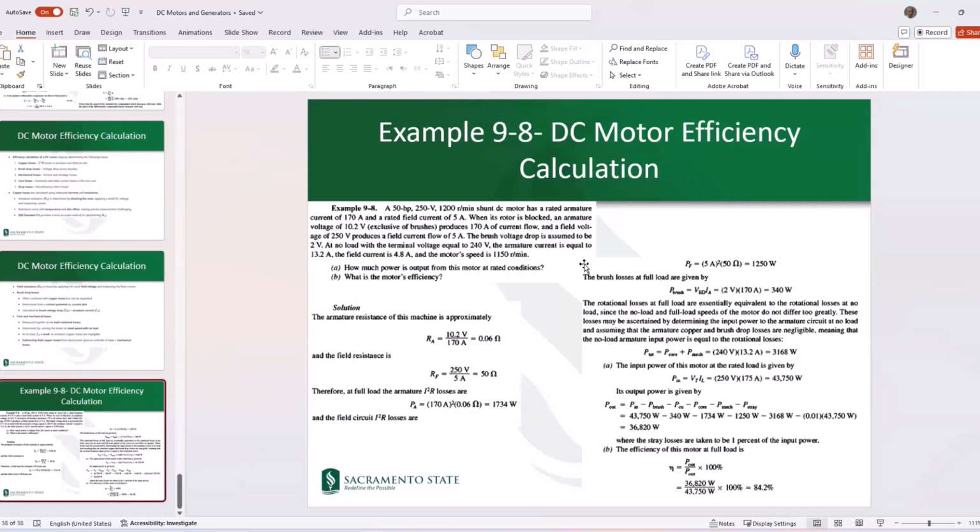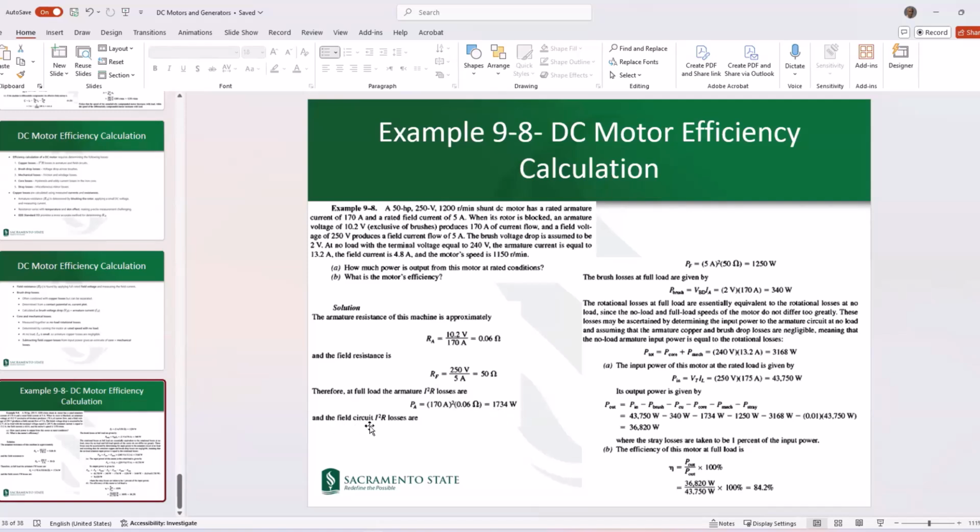Therefore, at full load, which is the case where we have 170 amps in the armature circuit, the armature I squared R, or copper losses, would be 170 squared times 0.06 ohms, which becomes 1734 watts.